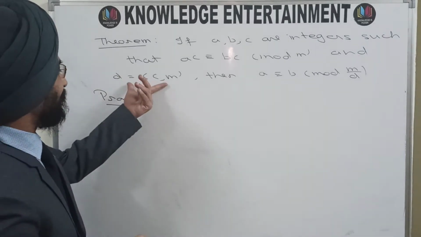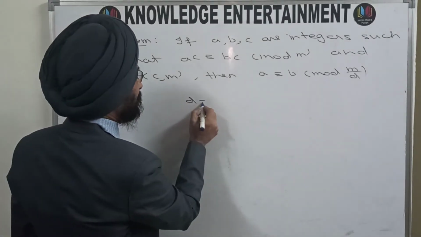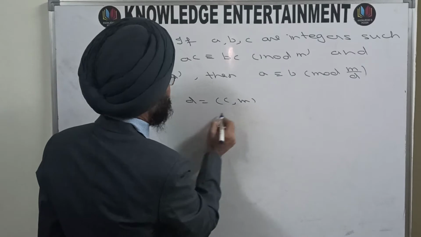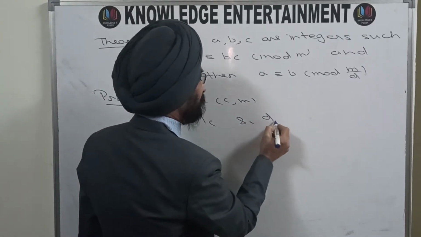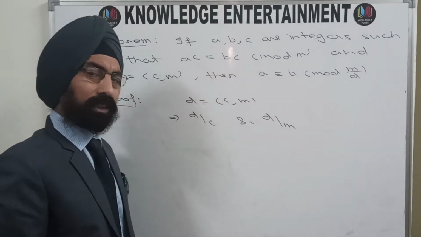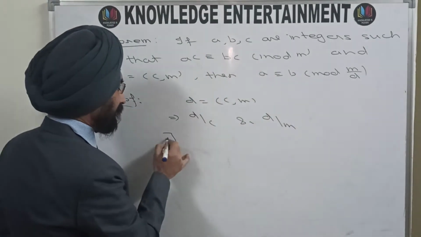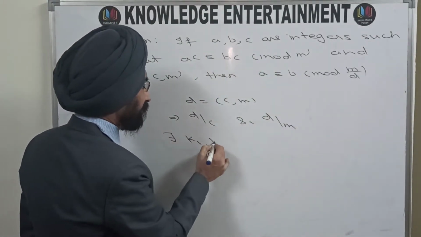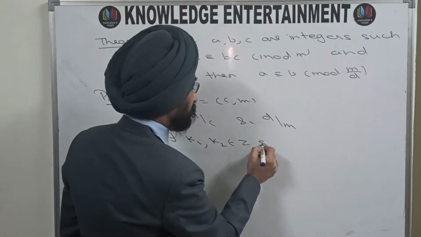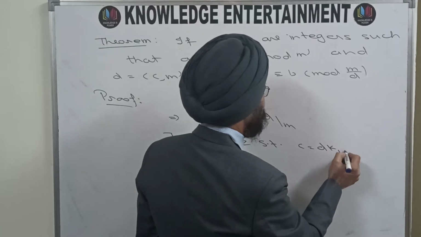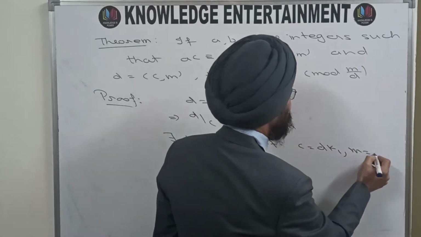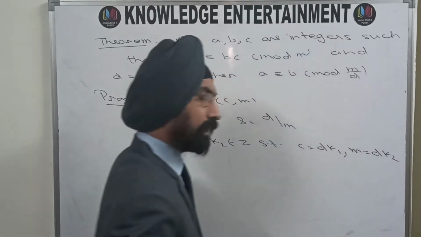We are given that D is the GCD of C and M. That means D divides C and D divides M. So there must exist integers K1, K2 such that C is dk1 and M is dk2.